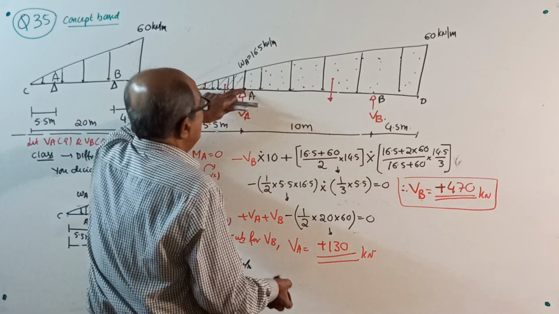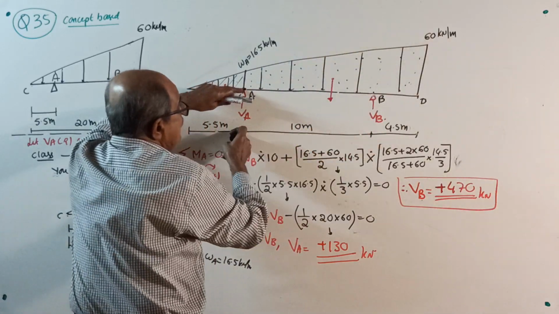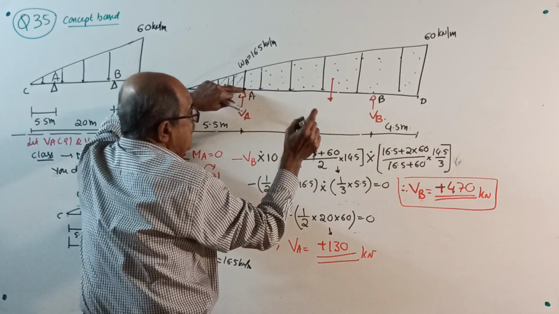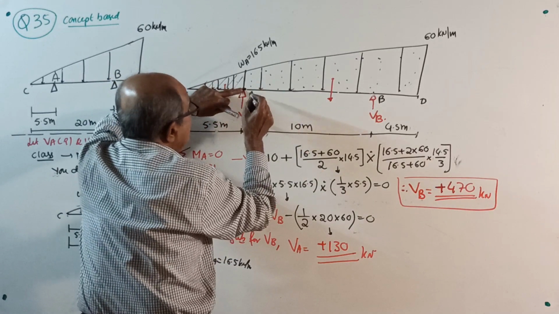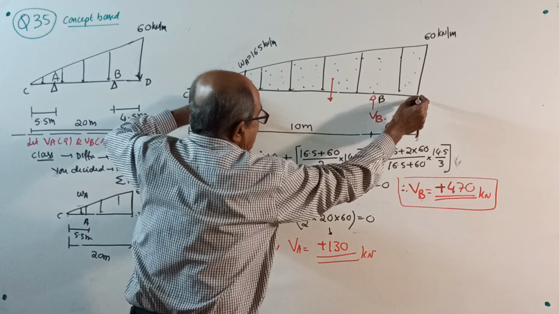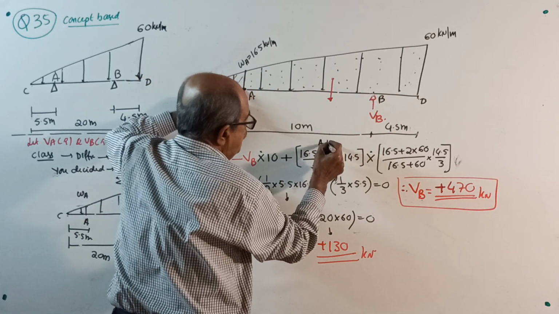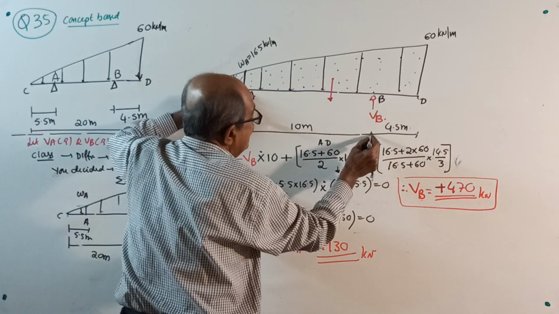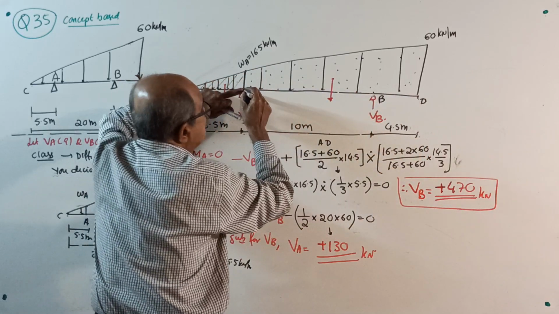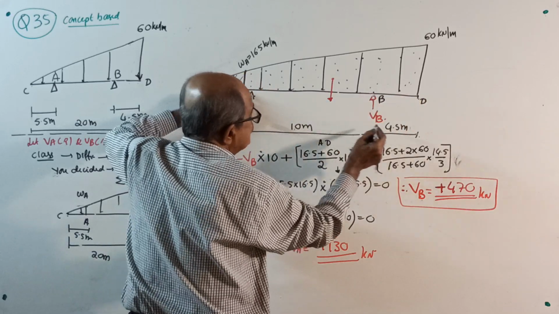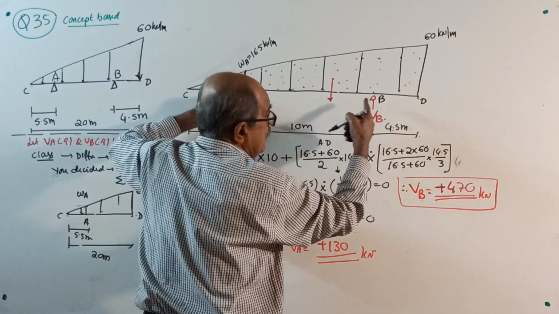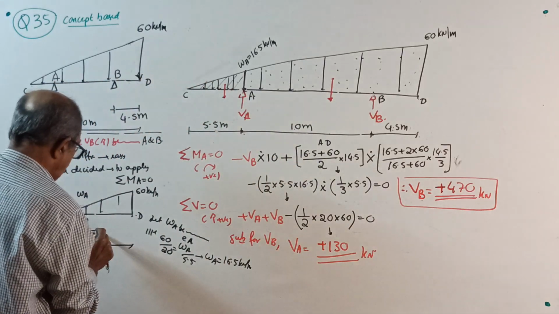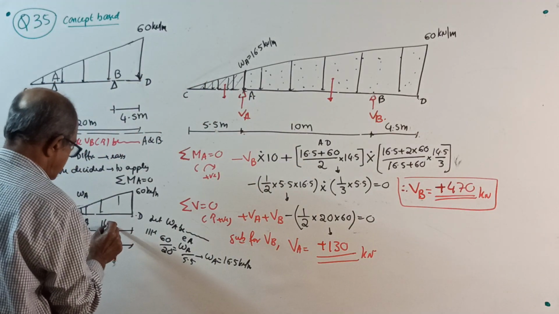Take moment about A. Minus VB into 10, plus the moment of the UVL from A up to D. See, from A to D, total load. This is a trapezium, this is 10 meter, this is 4.5. We want the full load here, so 10 plus 4.5 is 14.5 meter.